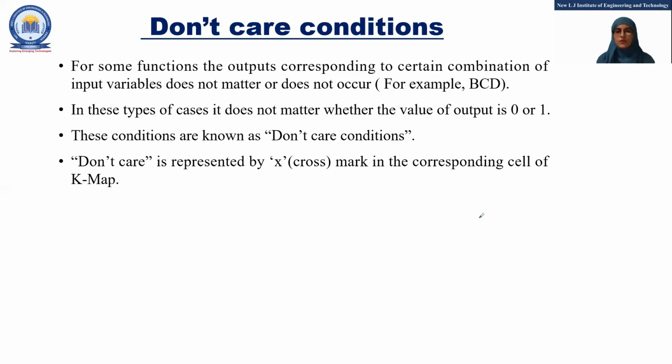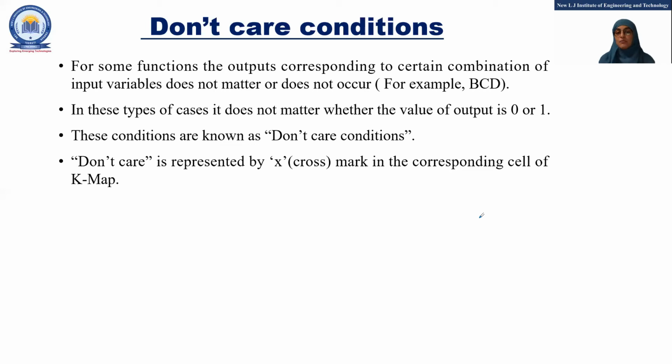Next is don't care condition. So for some functions, the outputs corresponding to certain combination of input variables does not matter or does not occur. For example, BCD 0 to 9 is valid BCD code and 10 to 15 is invalid BCD code. So 10 to 15 will be don't care condition.